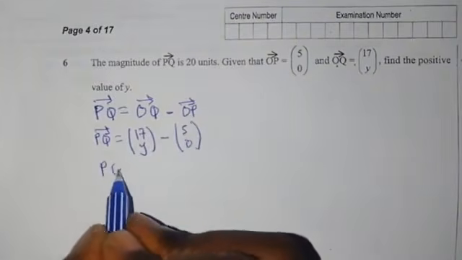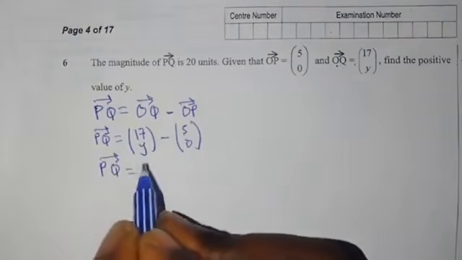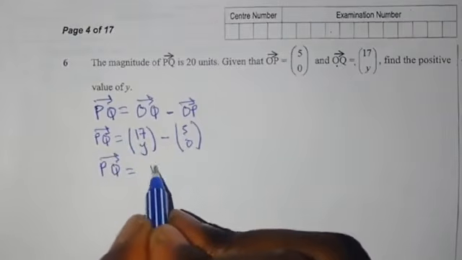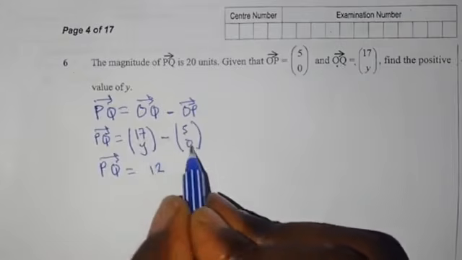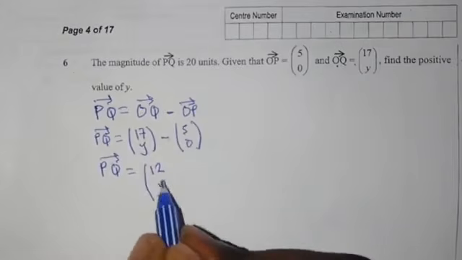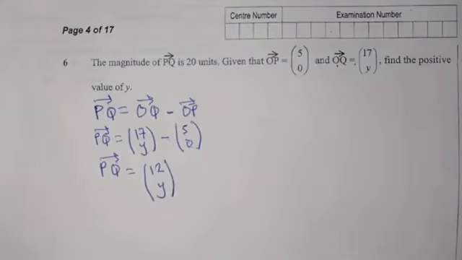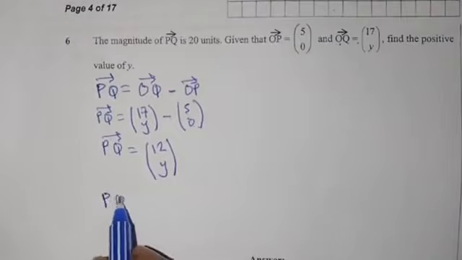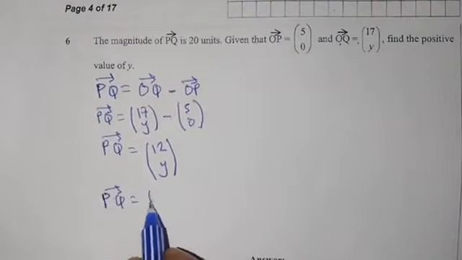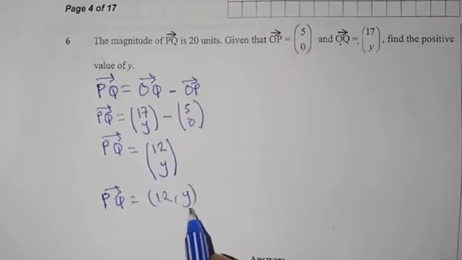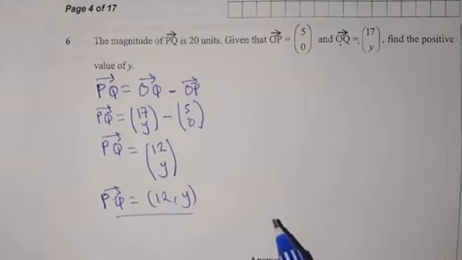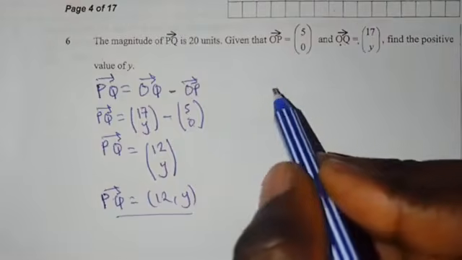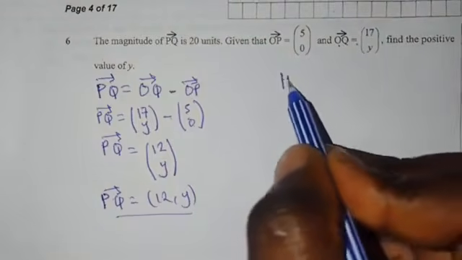So we say PQ is equal to 17 minus 5. This will give us 12. Y minus 0, it's a y. So this is the vector PQ. So we can leave it in coordinate form, which can be PQ equal to (12,y). Okay, this is just the coordinate form. Now, from here, we can now find the magnitude of vector PQ. I can say magnitude.